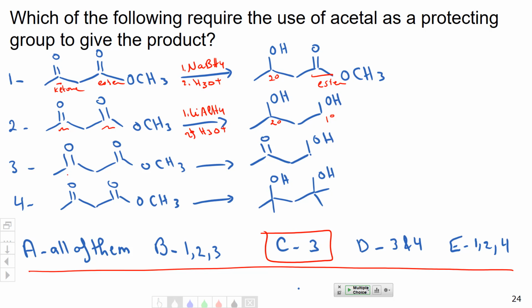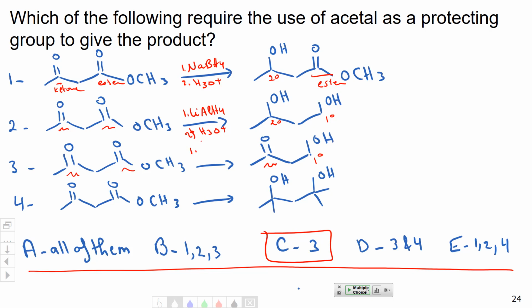Now we come to this one. The ketone is still a ketone. The ester is a primary alcohol. Clearly, if I use sodium borohydride, it's reaction number 1, and the ketone will be reduced. If I choose number 2, if I use lithium aluminum hydride, the result is the product of number 2. So in this case, I have no way to achieve this without a protecting group.